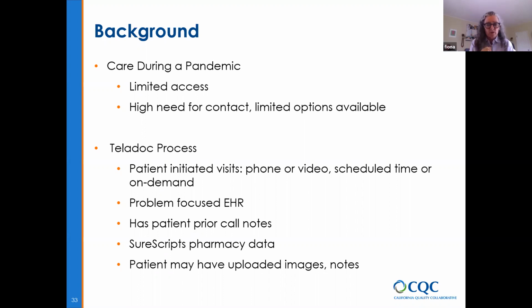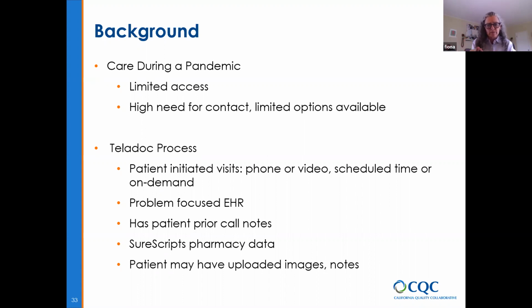They have a proprietary problem-based EHR. It has prior call notes, but doesn't really have anything about their prior history unless they've chosen to put something in. And even when it's in there, it's really pretty rudimentary. It does have pharmacy data, so that is super helpful, because the patient may be requesting a call around a rash, but I can actually see what their recent fill rates are on their diabetes meds.